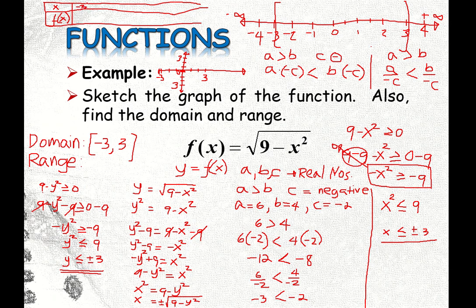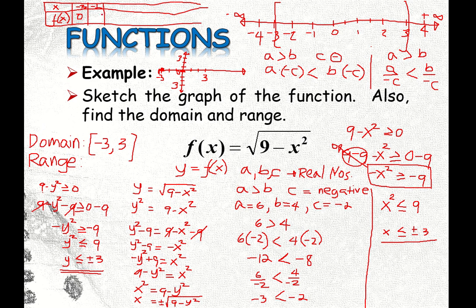So when x equal to negative 3, what is our f of x? This is 0. So it's here. When x equal to minus 2, we're using this value here, in this interval, the domain.